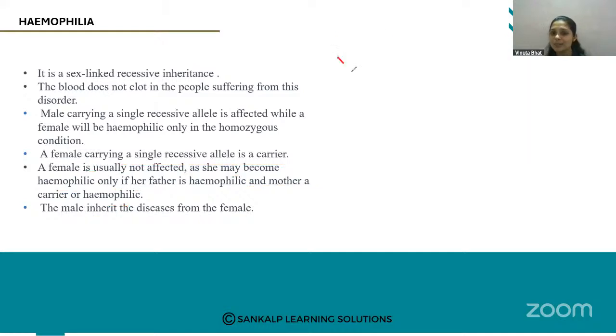Okay, so just imagine an XX female and she is a carrier. Only one X chromosome is affected. The male has an affected X chromosome, so he is affected.